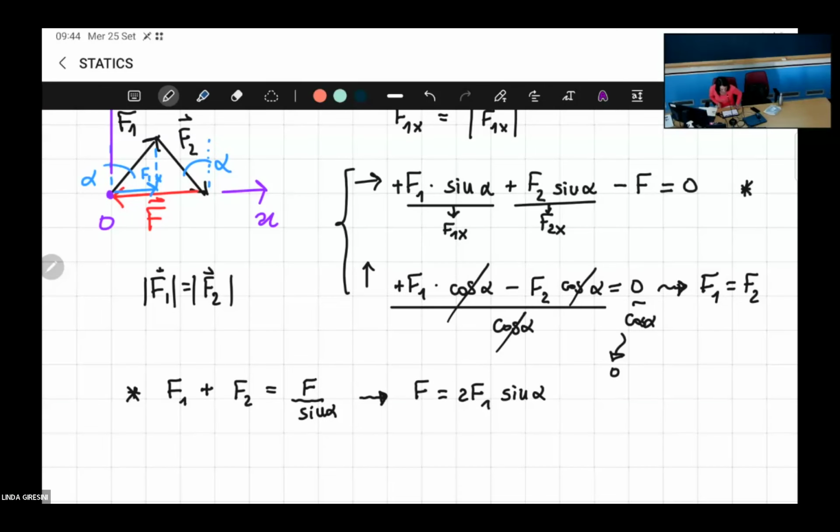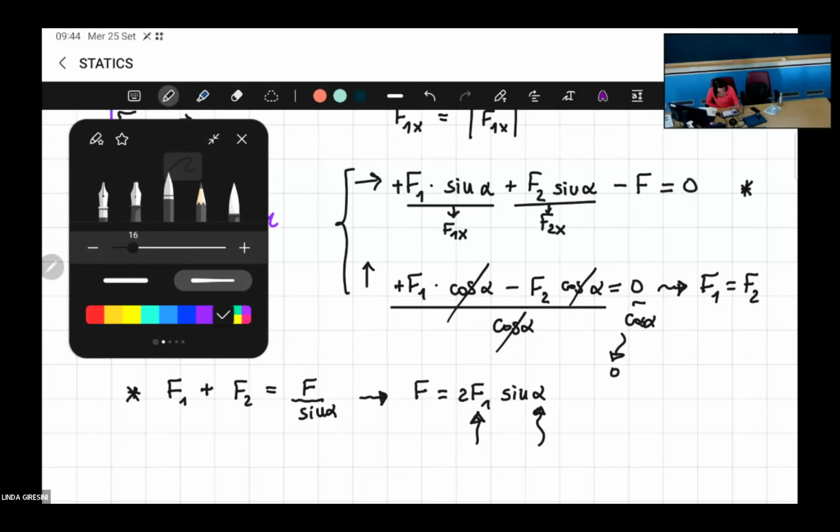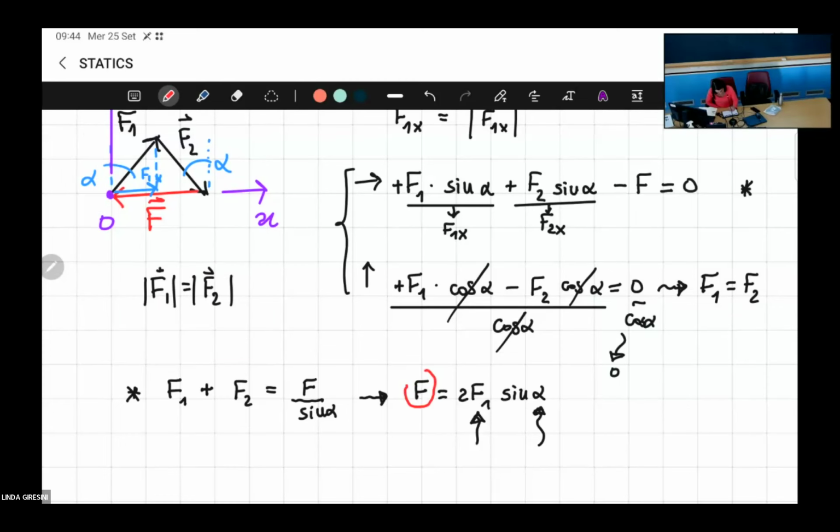Since F1 is given, since alpha is given, you can find the magnitude of F. Okay? So you can find the unknown, because the unknown is this one. So you can find the magnitude of this element. Is that clear for everybody? Okay, good.